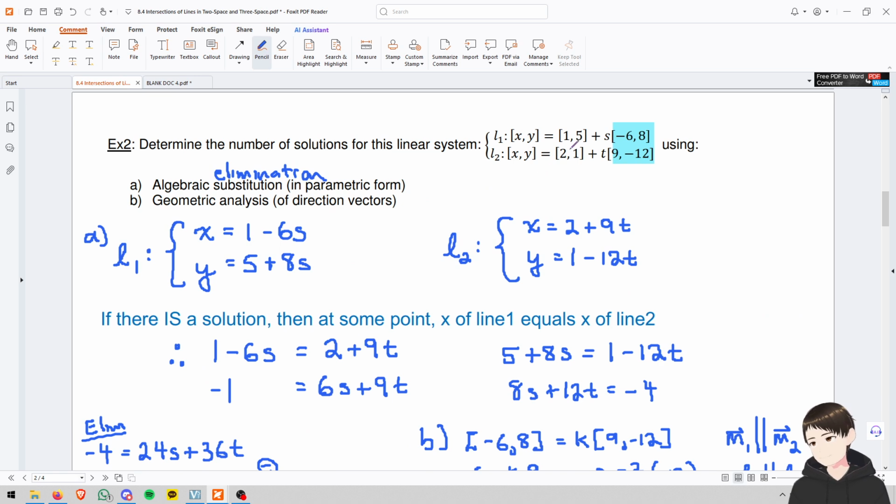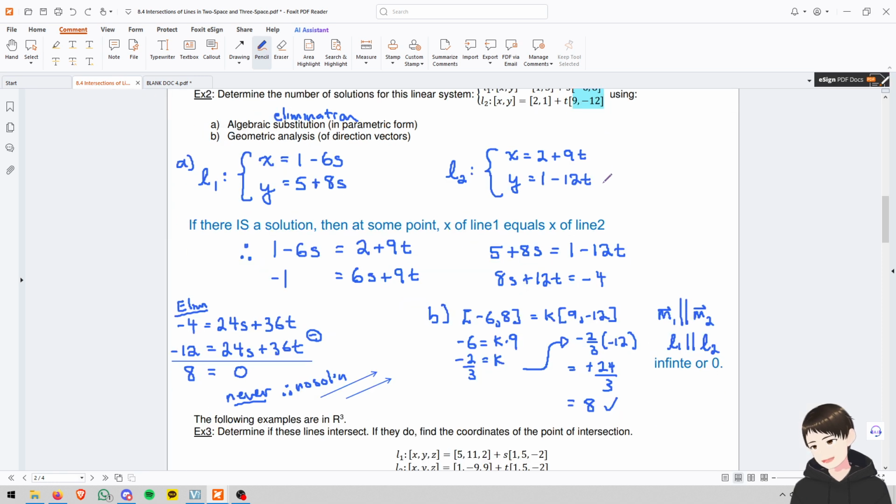You can say, hey, if they are the same, then 1, 5 should be found in L2. Or in flip, 2, 1 should be found in L1. If 2, 1 cannot be found in L1, then they are not the same line. That's it. So I'm going to do 2, 1 just because it's smaller in value.